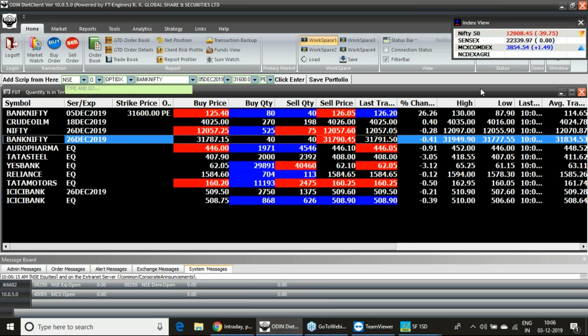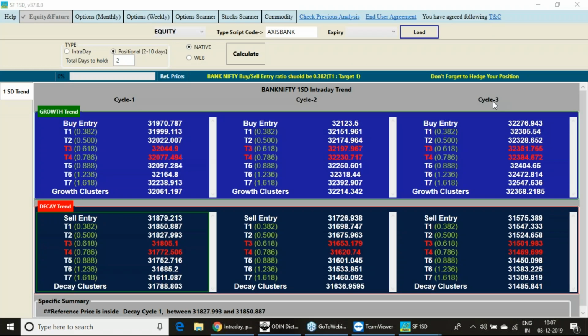So this is what you do when fundamentally studying a company and doing a positional trade for a period of time, or you can do a positional trade for a short term duration, 5 to 10 days. Here, for the positional trade we have given, you can analyze at any point during the day.